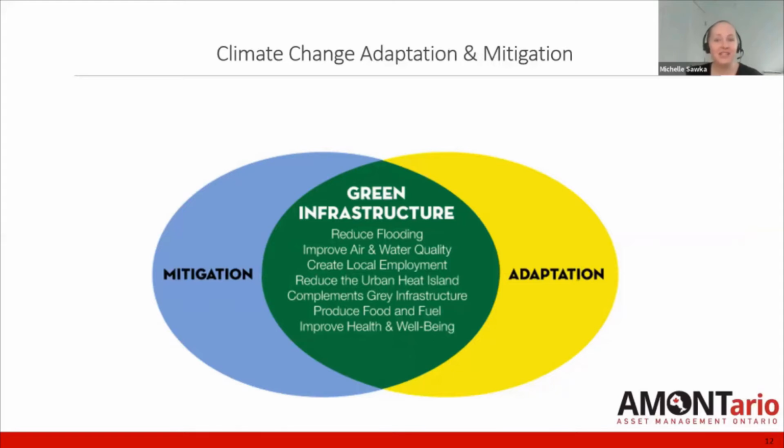On the mitigation side, it sequesters carbon in its wood biomass, but also reduces energy use through cooling, and it reduces car emissions by encouraging active transportation. And for the adaptation side, we've covered the two big areas related to stormwater management and urban heat, but it can also increase the resiliency of our gray infrastructure systems by reducing demand on those built items.